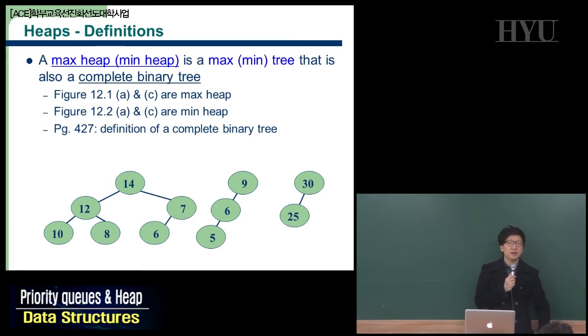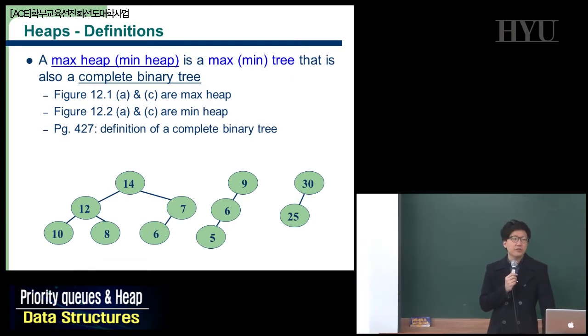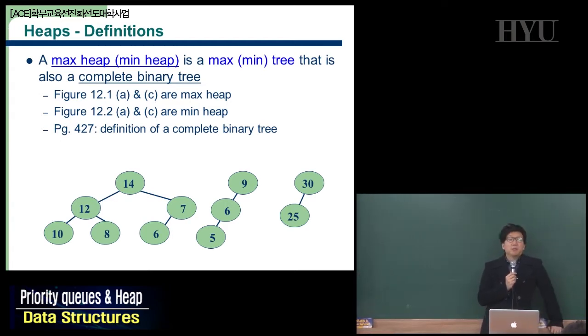So we discussed last class, and the class before that, a little bit on trees and different types of trees, mostly binary trees. Last class I wanted to emphasize complete trees.